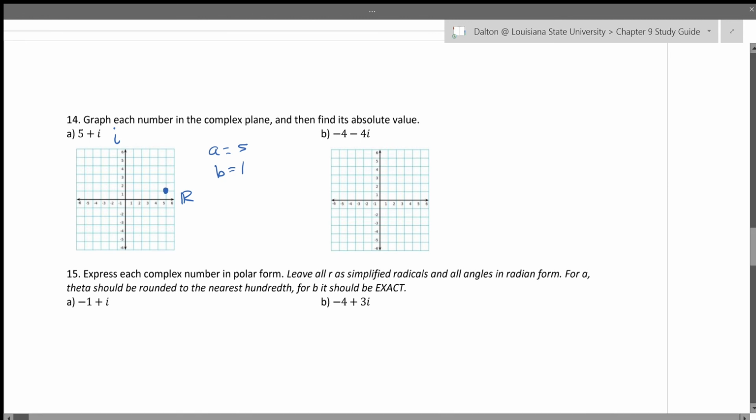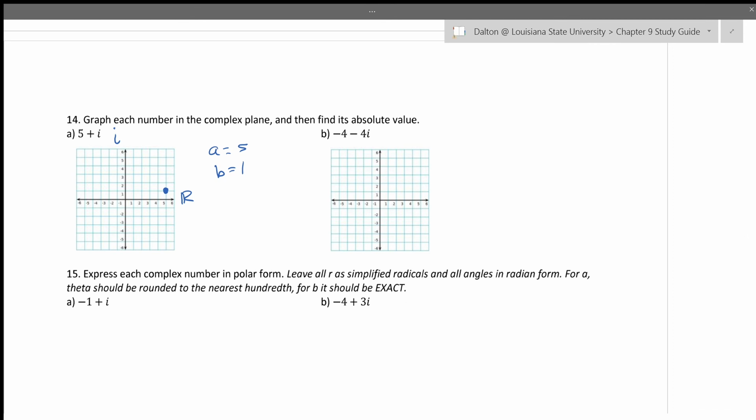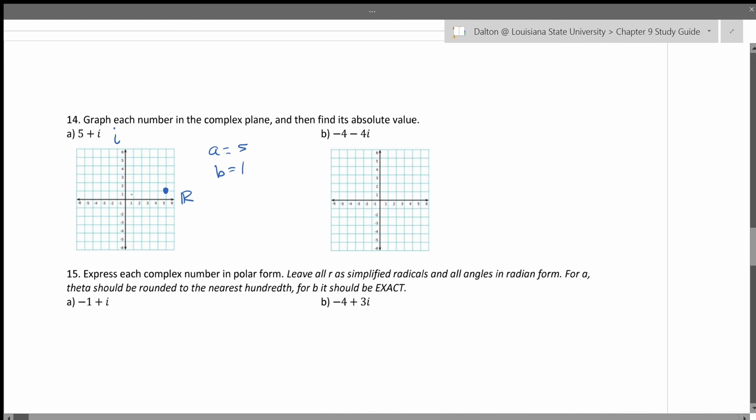So this is the second place where many people are going to make a mistake. When you graph the complex number, you actually need to connect the origin to that final coordinate point. Okay, this represents the entire number. The hypotenuse represents the entire number, not just the point floating in space.